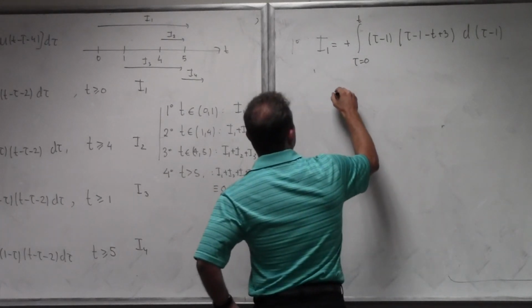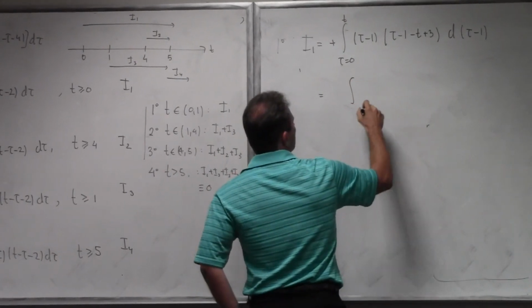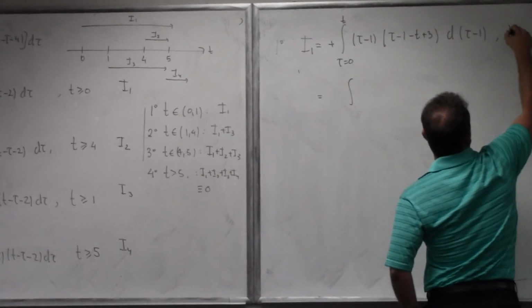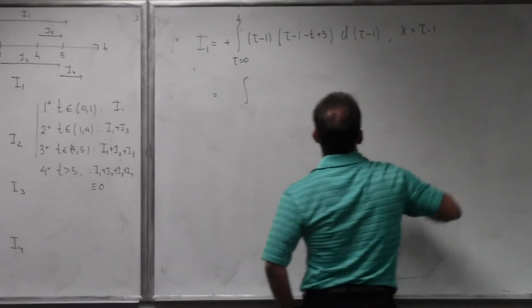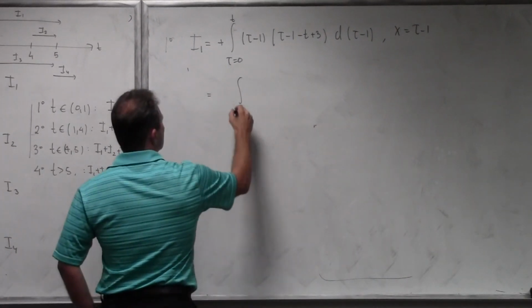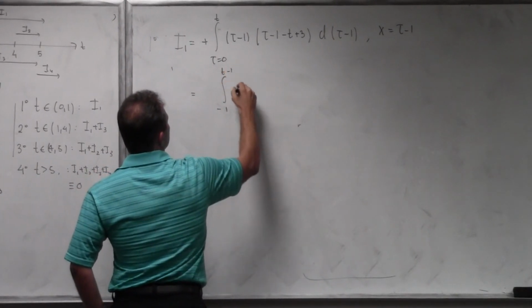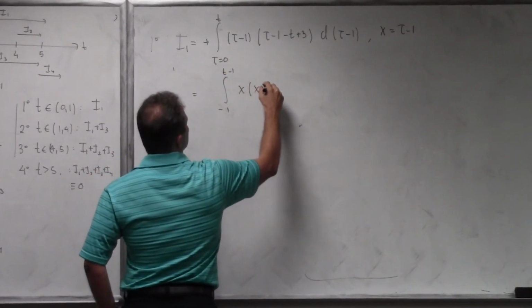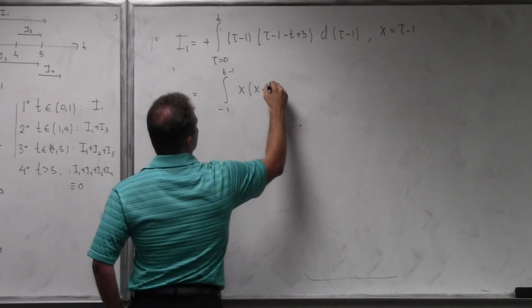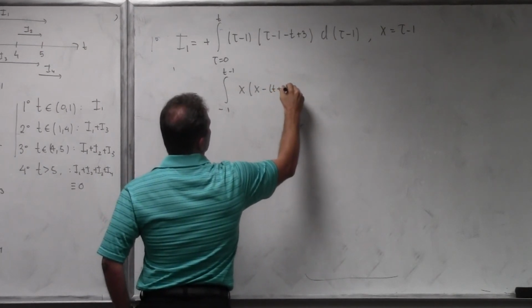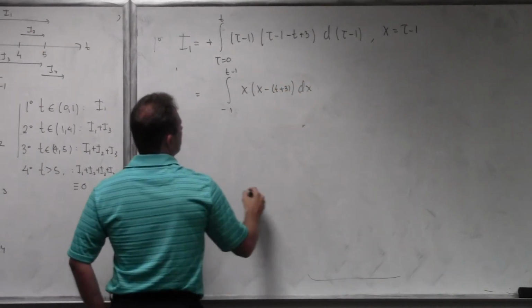So I can say that this is an integral, and I can introduce now the substitution x equals tau minus 1. So x goes from minus 1 to t minus 1. Right?